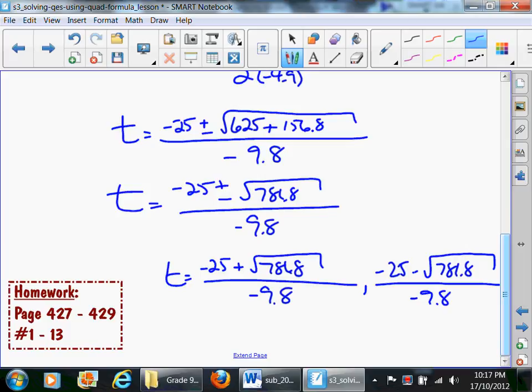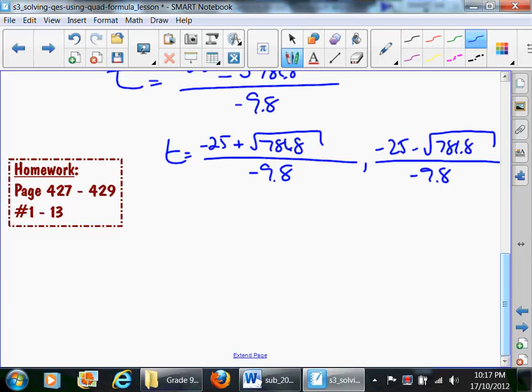So now we just plug it into the calculator. So negative 25 plus root of 781.8 divided by negative 9.8 equals, so our first answer that we're going to get is negative 0.30 seconds.